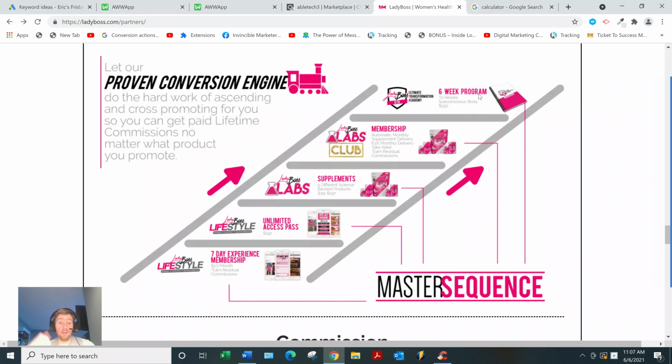So they have that upsell process. Now, I don't know what the lifetime customer value of Lady Boss would be. You might want to email them and ask, or you just kind of, I'm sure it's quite good, right? So a lot of them won't respond because they're quite a big company, but they might, you never know.